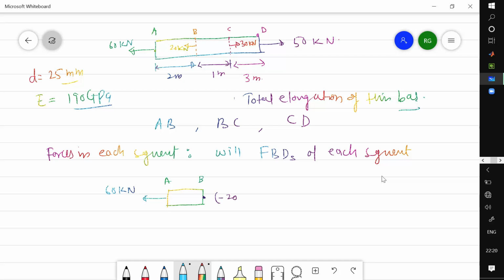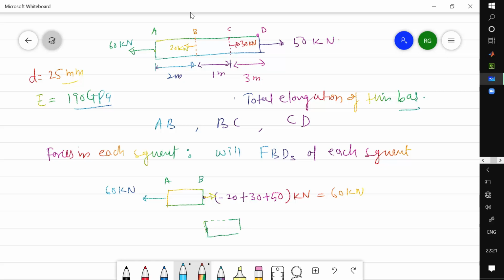Then from B, all the forces acting at B or on the right side of B will be plus 30 and plus 50 kilonewton. So this becomes 60 kilonewton. So this AB segment is in static equilibrium under the influence of this 60 kilonewton load, which is of tensile type.